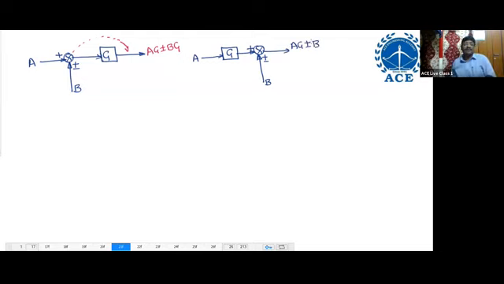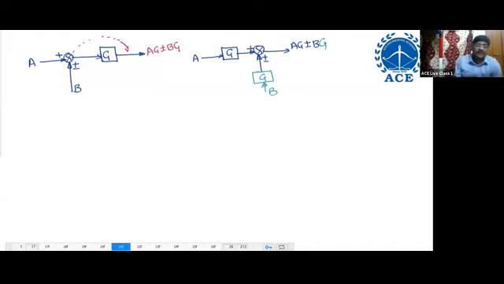But we require BG. G is required. That means to the B, we should add a signal G. Then we'll get AG plus R minus BG.